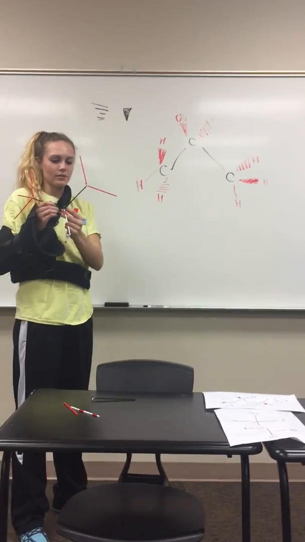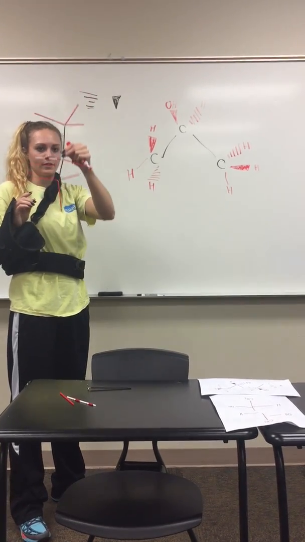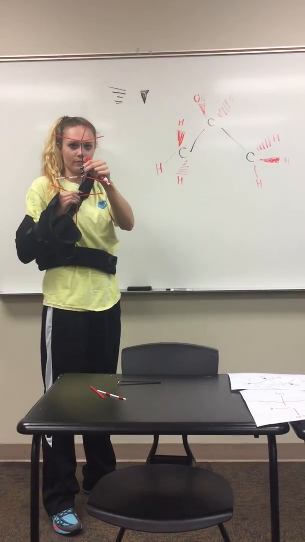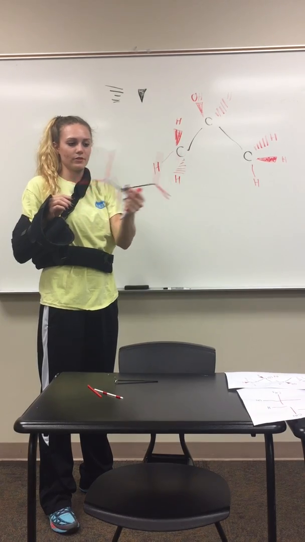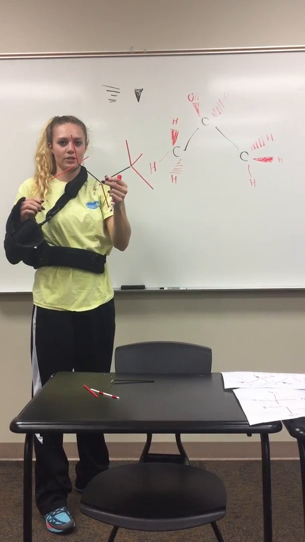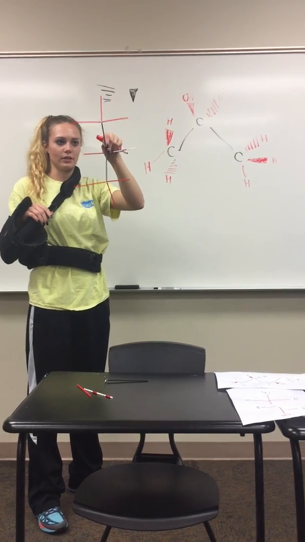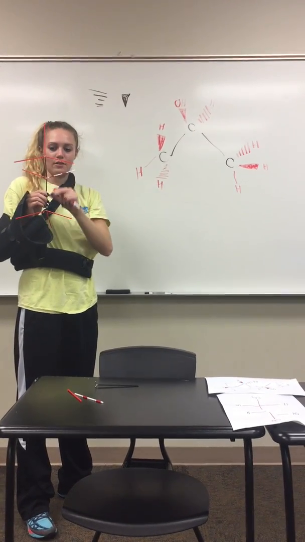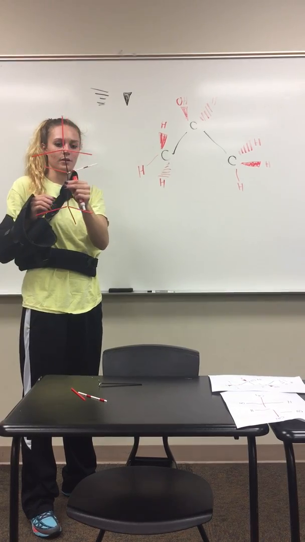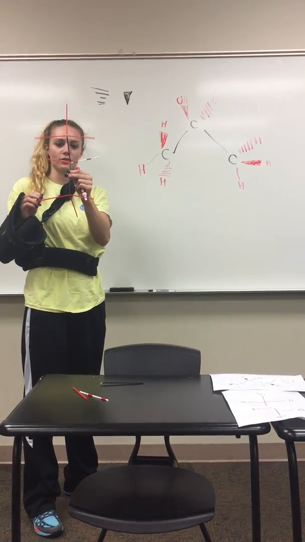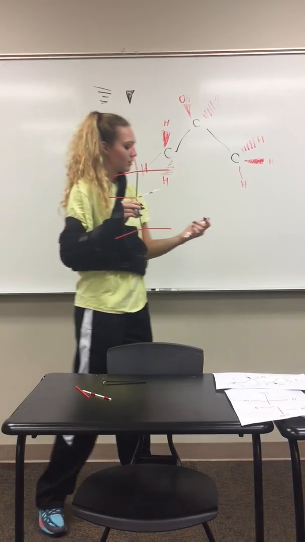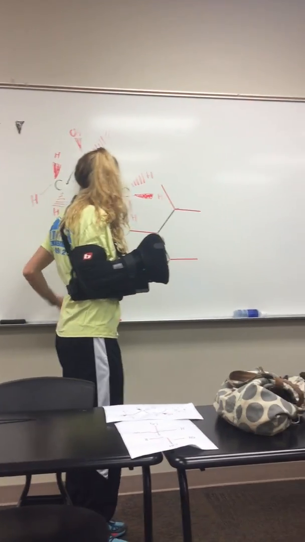So now let's look at it in a Fischer projection. Whenever you're going to draw a Fischer projection, think of the molecule vertically, and it should be a pretty good visual representation. So let's draw a Fischer projection over here.